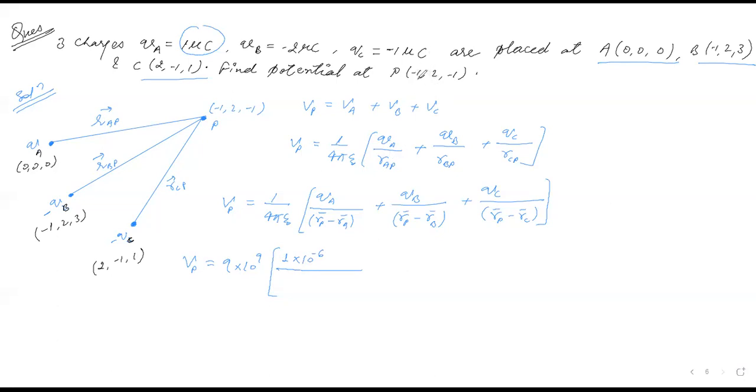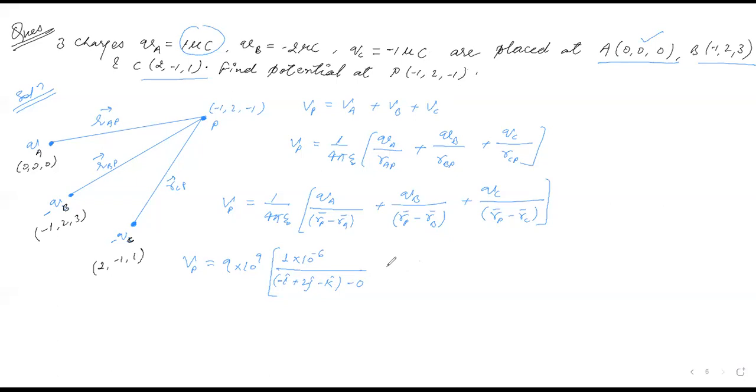RP can be taken as (-1, 2, -1), which can be written as minus i cap plus 2j cap minus k cap, minus RA. What is your RA? RA is totally 0.